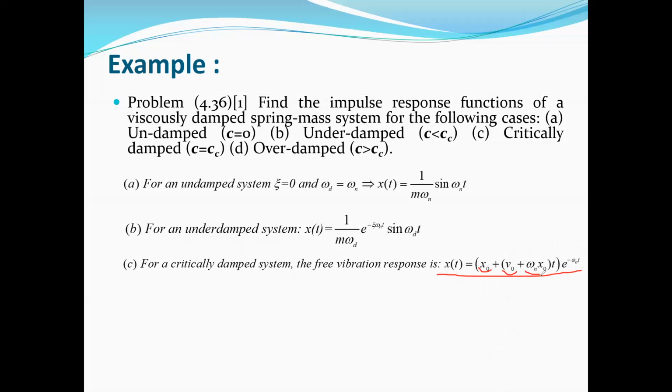Omega n is the natural frequency of the system. And if you substitute this, you can obtain the constant coefficients by using the initial conditions.